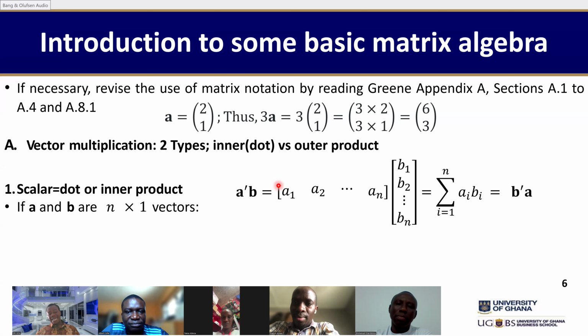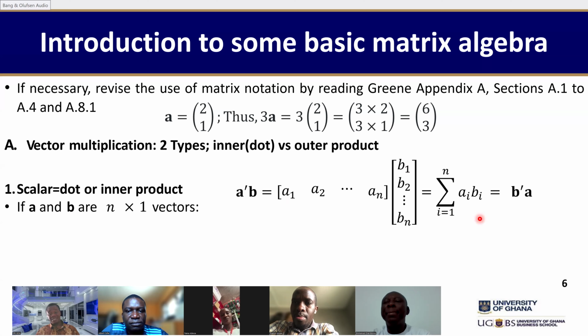Now, if I take the transpose of A and I multiply it by B in this format here, I can now sum these together. In the process of summing them, I will take each element of the A transpose and multiply it by the element of the B and do the same thing.